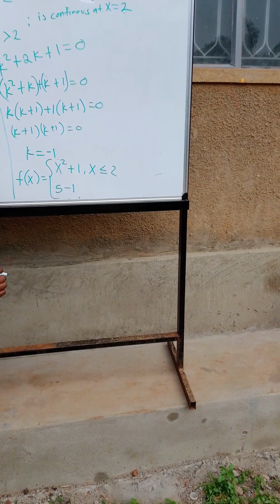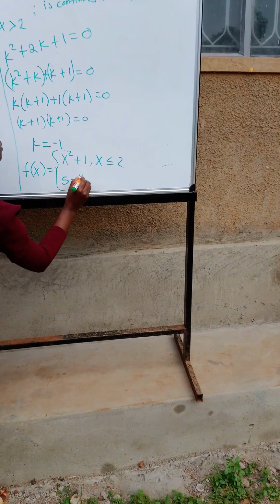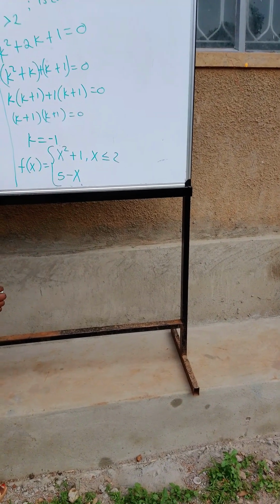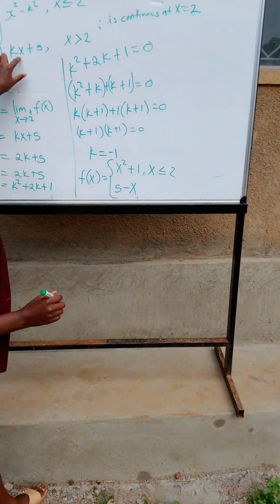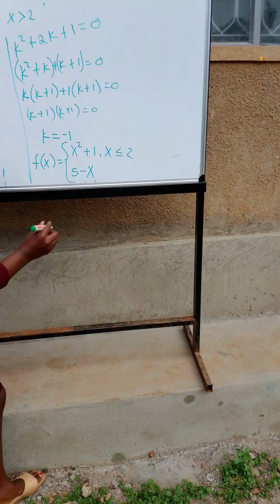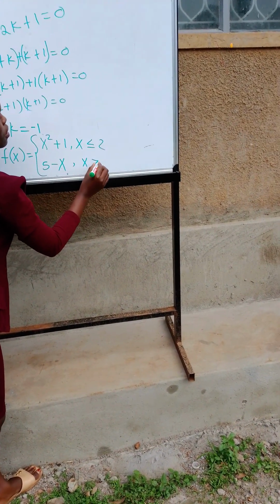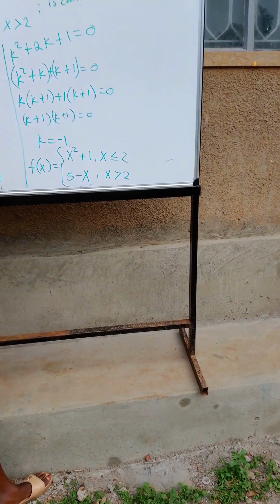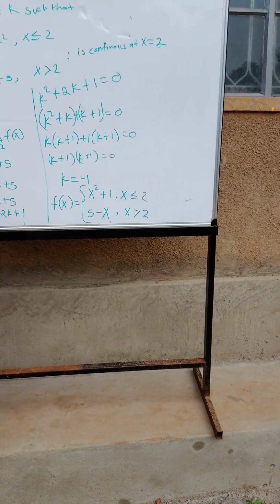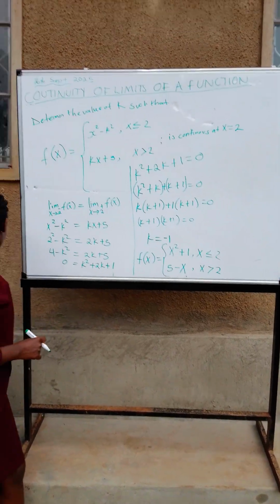Remember, we are going to substitute our k here, which is negative: negative 1 times x plus 5. We can interchange and write it like this, for x greater than 2. I think you are now content with the continuity of limits of functions.